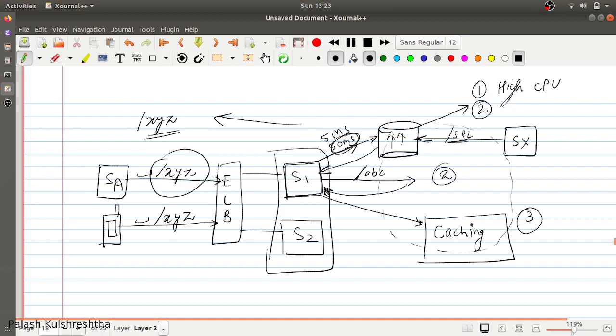It can also be because of bad SQL queries from S1. Okay, there can be bad SQL queries which are running from S1. So service S1 is sending bad SQL queries, which is leading to a high CPU, high query time on the database side.